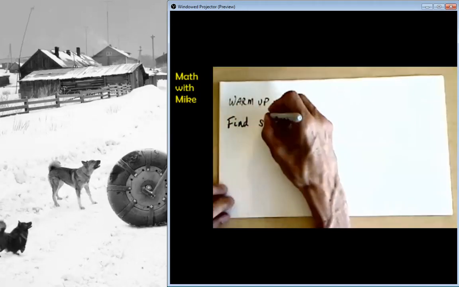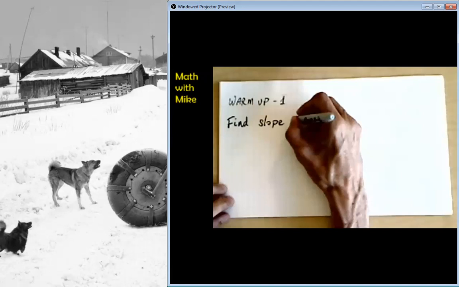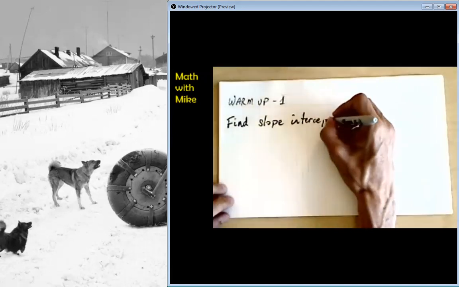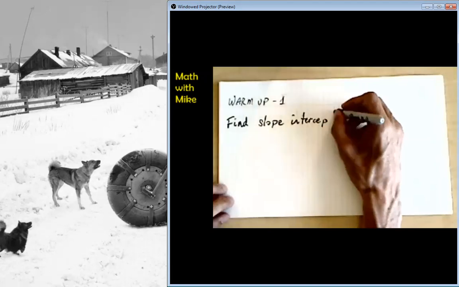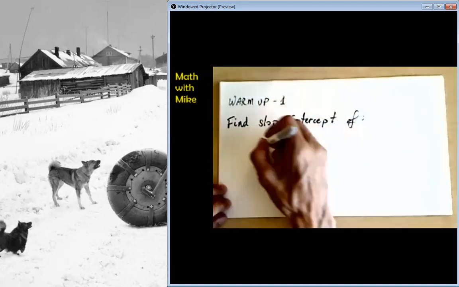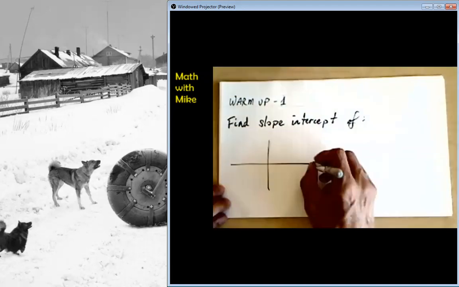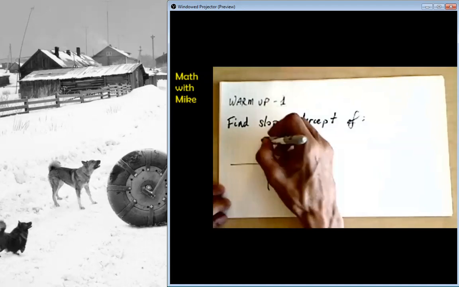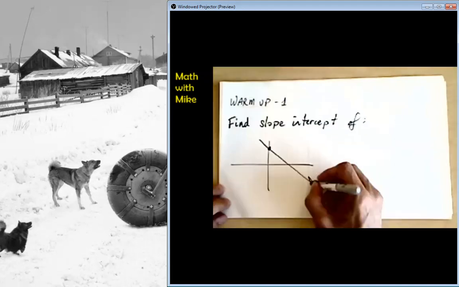Find the slope intercept of this situation here. That's like that. Oh, draw the line first next time.